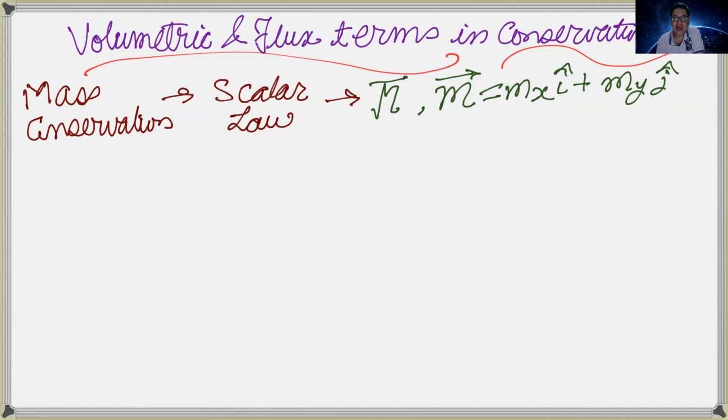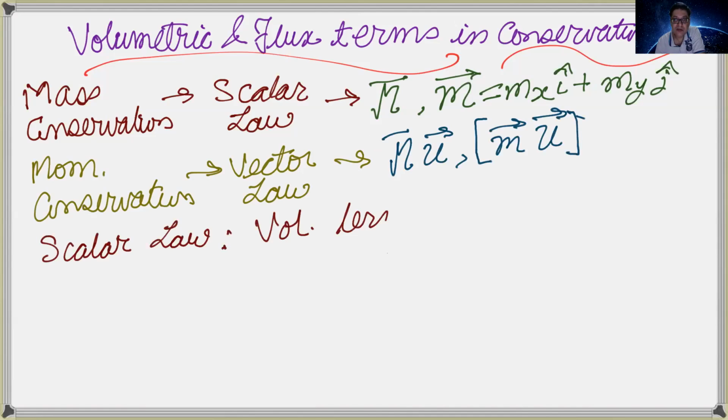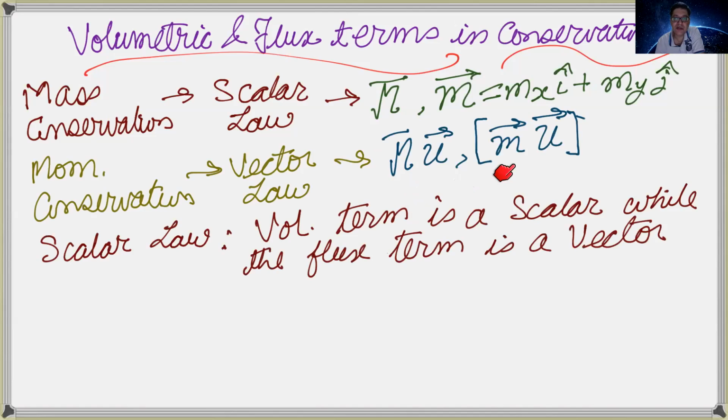Note that in a scalar law, the volumetric term is a scalar and the flux term is a vector. In the momentum conservation law, which is a vector law, the volumetric term is a vector and the flux term, momentum flux, is a second order tensor.